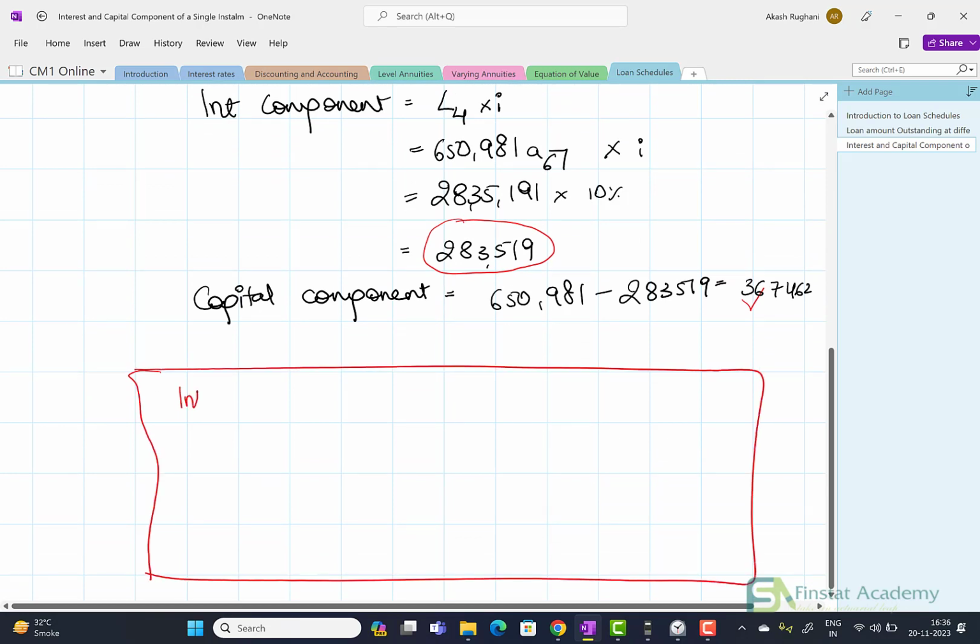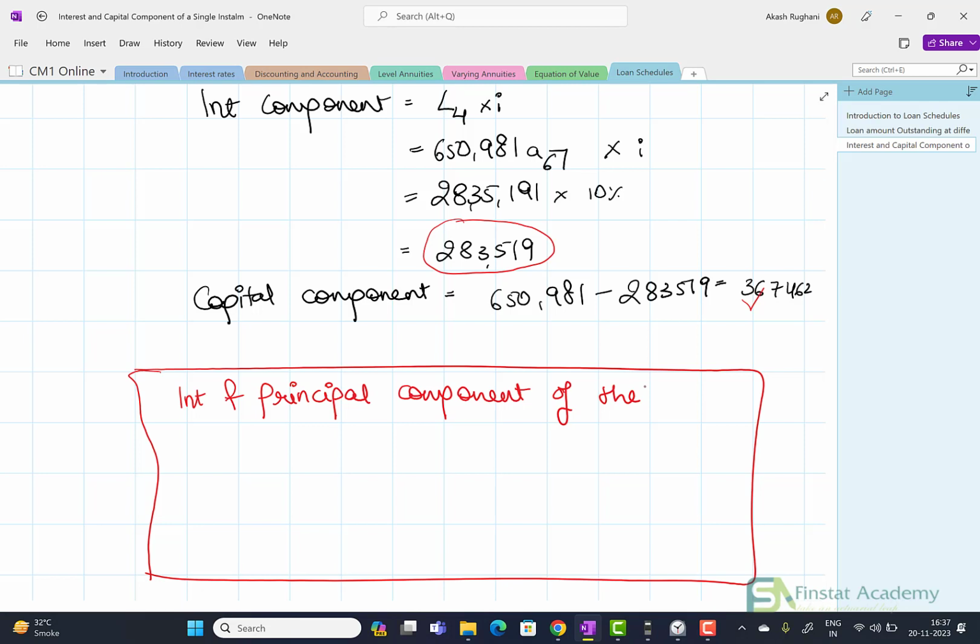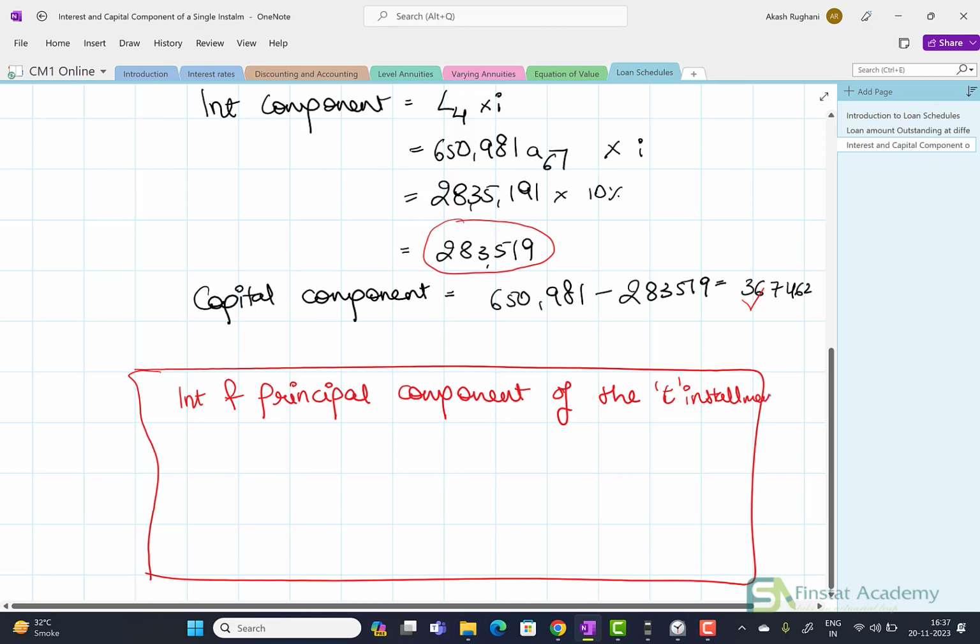So if I have been told to find the interest and principal component of the nth installment, or let's say the 10th installment, I will first find L(t-1).